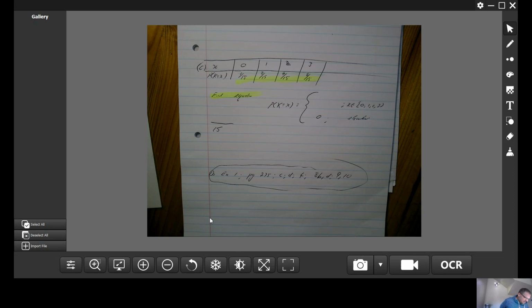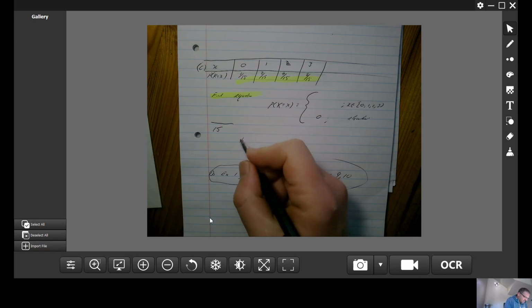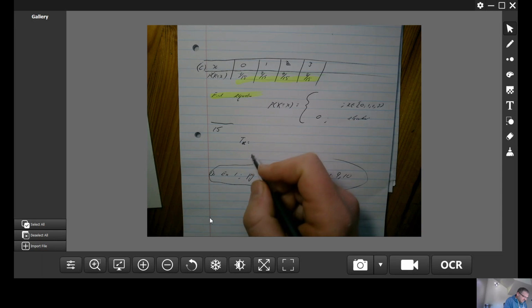Okay, what are we doing to that? It's a geometric series, isn't it? Okay, 2, 4, and 8. Okay, could we use Tn is equal to, so we're timesing by 2.